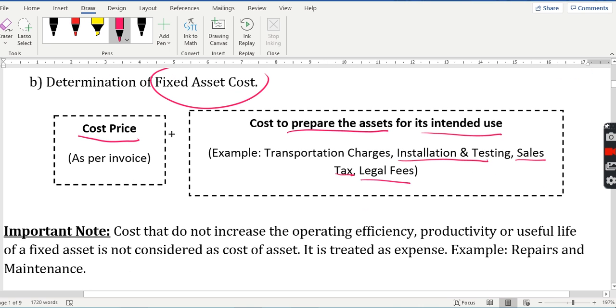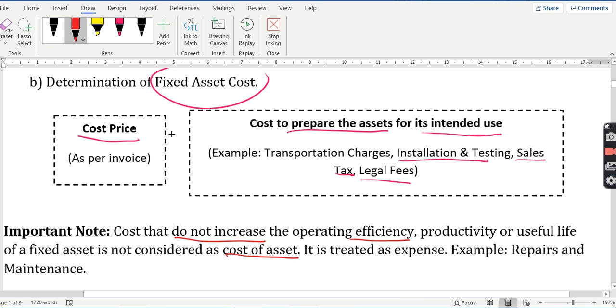If there is any additional cost that does not increase the operating efficiency, meaning that it has nothing to do with the efficiency, the productivity, or the useful life of the asset, it is not considered as a cost of the asset. So it is more to revenue expenditure.